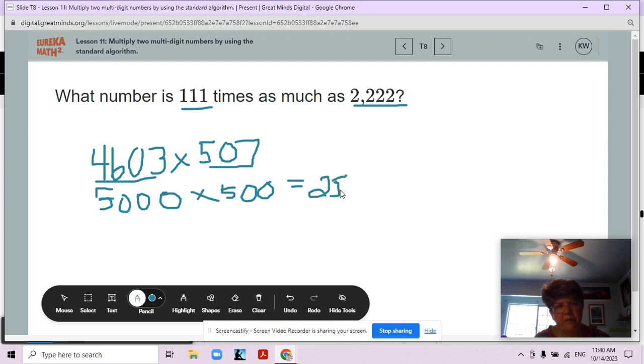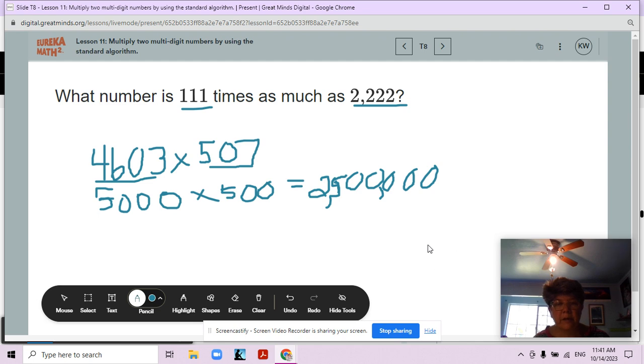And then 3, 4, 5 zeros. 1, 2, 3, 4, 5. That makes 2,500,000. Okay, so that is our estimate. Now we're going to work on the standard algorithm. And you know what? This is going to be number 1 in your Edpuzzle. So go ahead and work on that and put it in Edpuzzle.